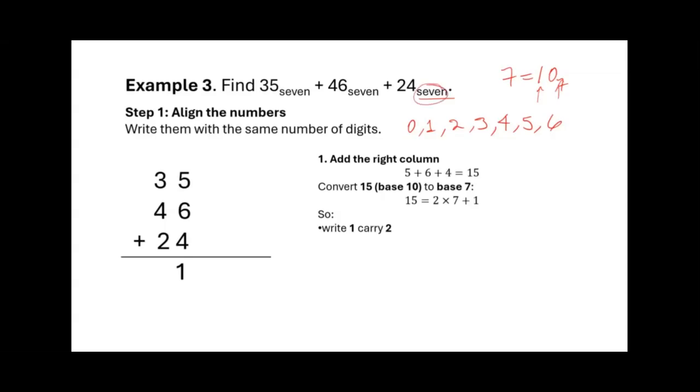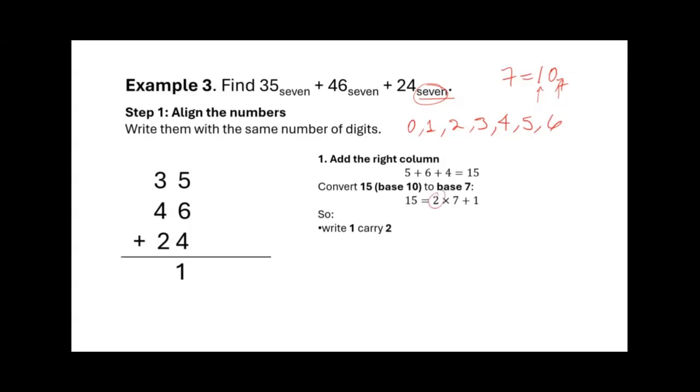So with that number, you now use 2 digits to represent it. When I get 15, I know that I cannot write this, because first of all it has 2 digits, and it's not in the appropriate base yet. So I've got to make the conversion. 15 is the answer in base 10, but I need to convert it to base 7. How do we convert it to base 7? Well, how many times does 7 fit into 15?